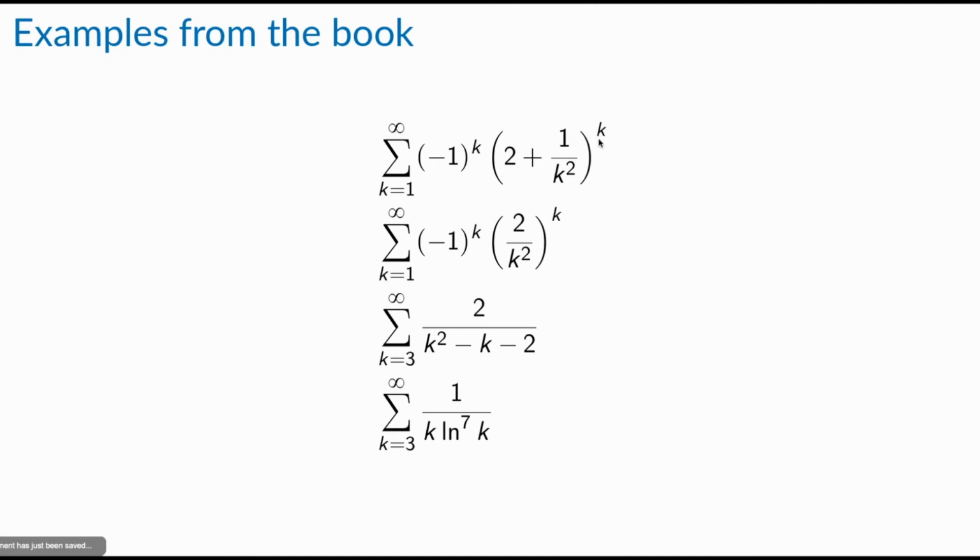But before we get ahead of ourselves, let's remember the divergence test. We take the limit as k goes to infinity of these terms. And here, as k goes to infinity, the term inside the brackets converges to 2, and it's going to the kth power. So this whole thing is going to plus infinity, so it diverges.